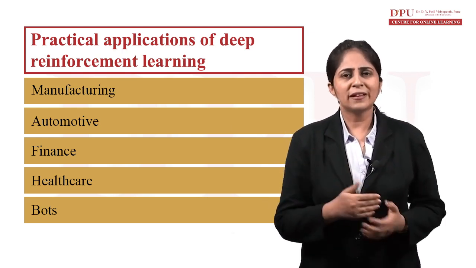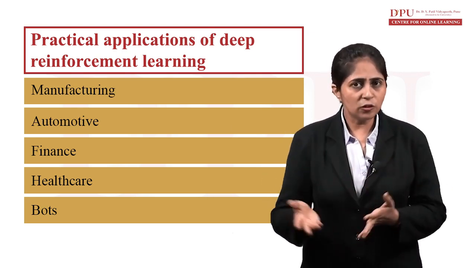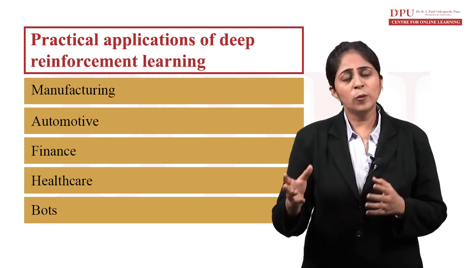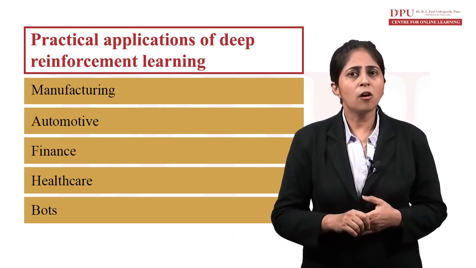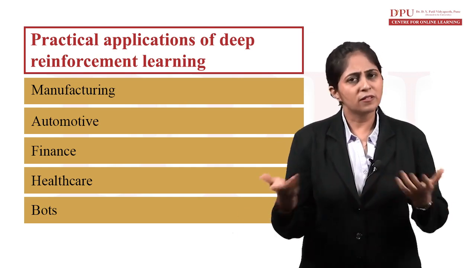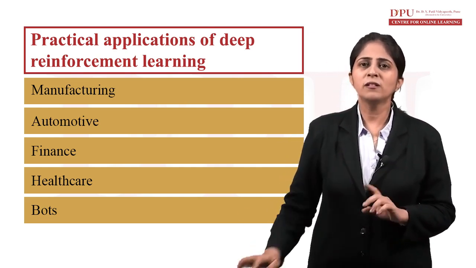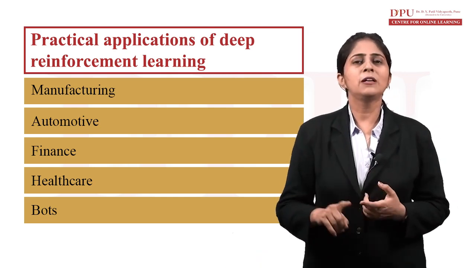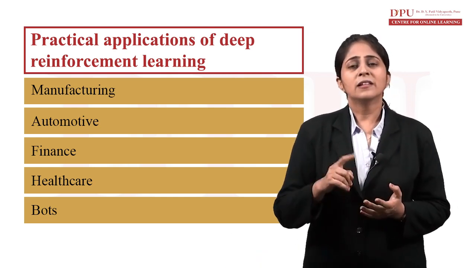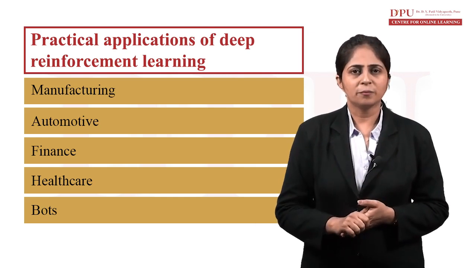A person might ask the chatbot something new which it does not have the answer to. It will revert with some reply. And next time, when the same question is asked, it might be able to give the correct answer. That is deep reinforcement learning.